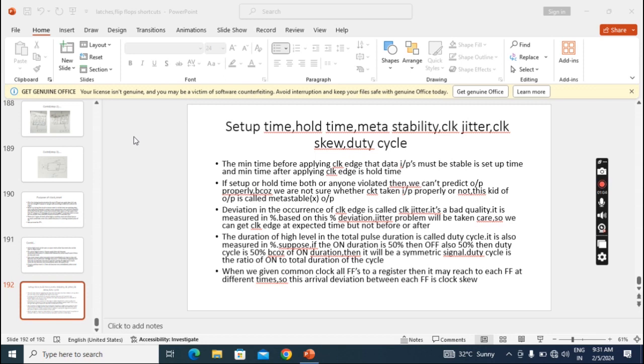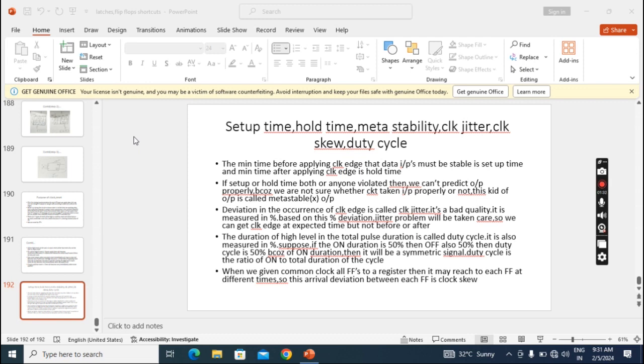If we violate setup time or hold time, either one or both, the circuit may not take the input properly, so it may not produce output properly. That uncertain output is called metastable output. We represent that as X.